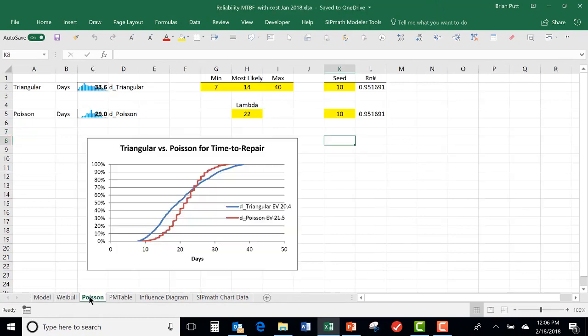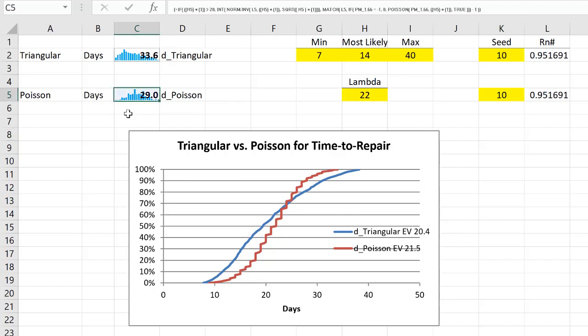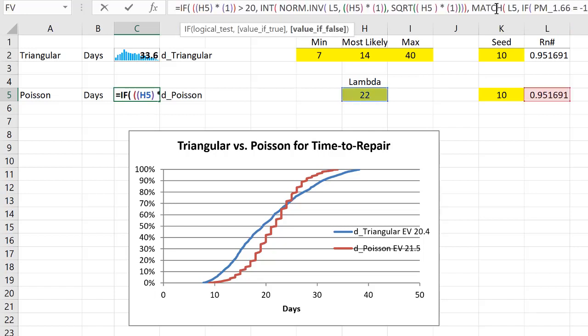Okay, on the Poisson, we have the time to repair currently characterized as a triangular distribution with 7, 14, and 40, and that is shown as the blue line. And we want to consider a Poisson distribution here. This looks like a complicated equation, but once again, SIPmath will program that for us.